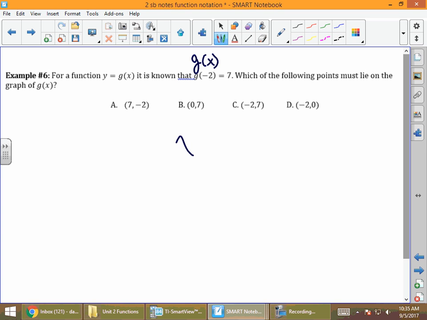So that means that x is going to be negative 2 in this problem. And as we look at A, there's not a negative 2 in A. There's not a negative 2 in B. So we narrow it down to C and D. And then it says our output is 7. Well, the only two values remaining that have 7 means that our answer is going to be C.